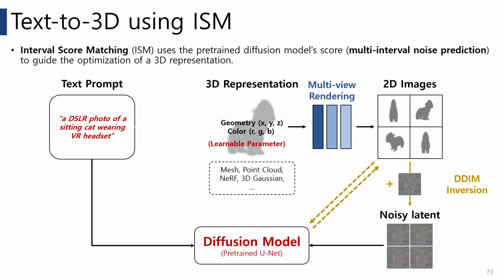Going back to the text-to-3D pipeline, the technique used to train 3D representations based on the pre-trained diffusion model is called SDS. The ISM, which stands for interval score matching, treats the noise predicted by a diffusion model as a score that shows how far the current result is from the target.